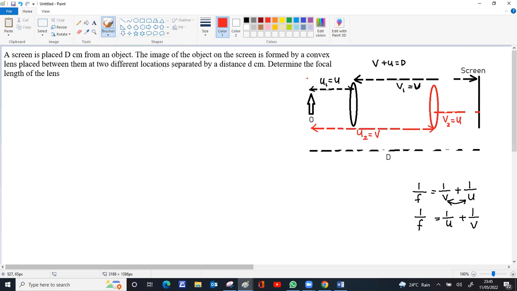The question says the lens locations are separated by a distance d. That means this distance is between the two positions of the lens. It's not two lenses, it's one lens shifted from one position to another position at a different time. Now, this distance is v, this distance is u, so d will be equal to v minus u.